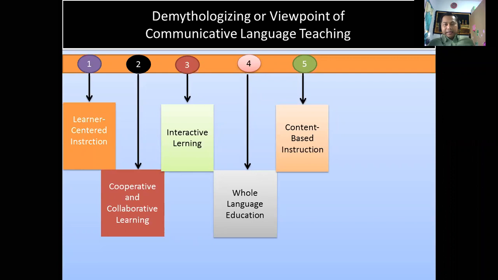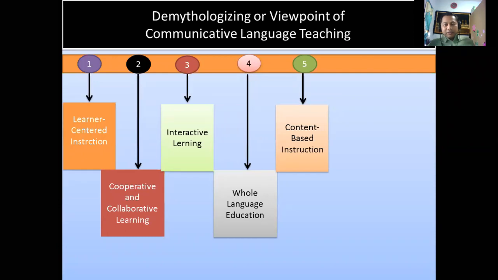In that time, if you entered a classroom in a school that implemented it, the teacher and the students used English to study the subject matters.